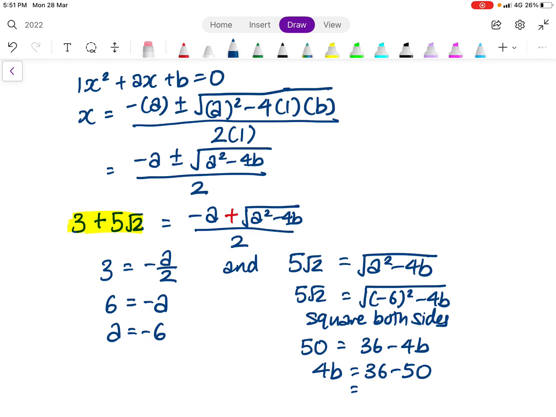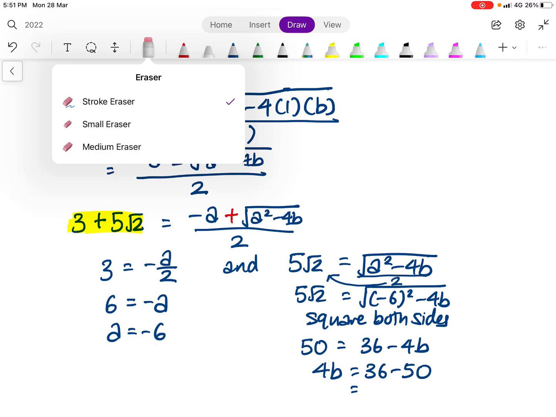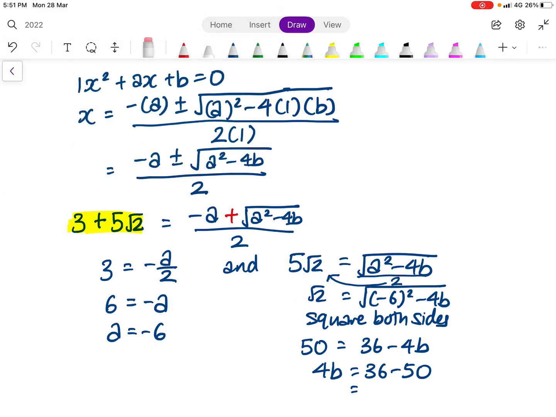Pardon me. You know where my mistake is, right? That should be over 2. So imagine the 2 I multiply over to the other side. Let's do a bit of correction. This should be 10. Then I square both sides. I square 10 root 2, it will be 200. Now it makes sense.